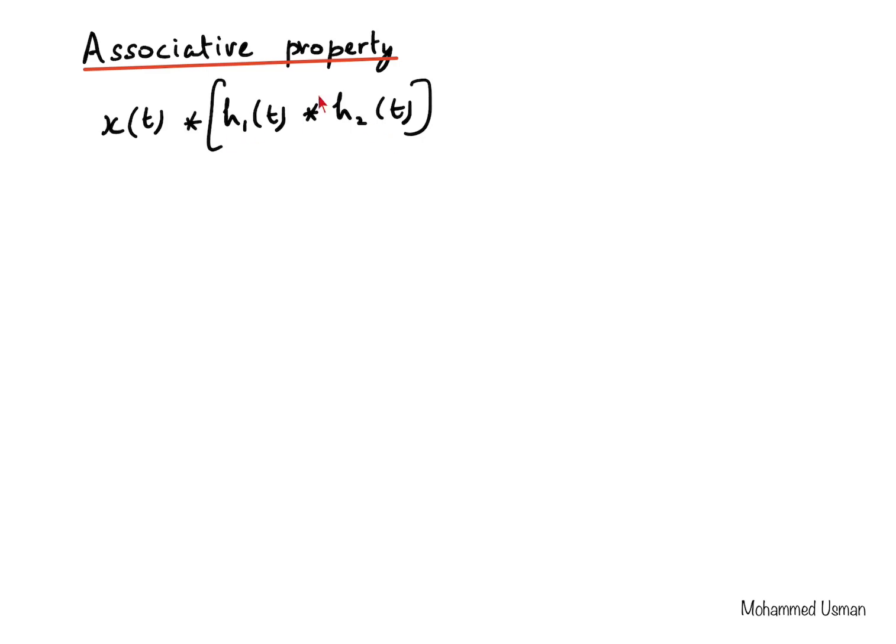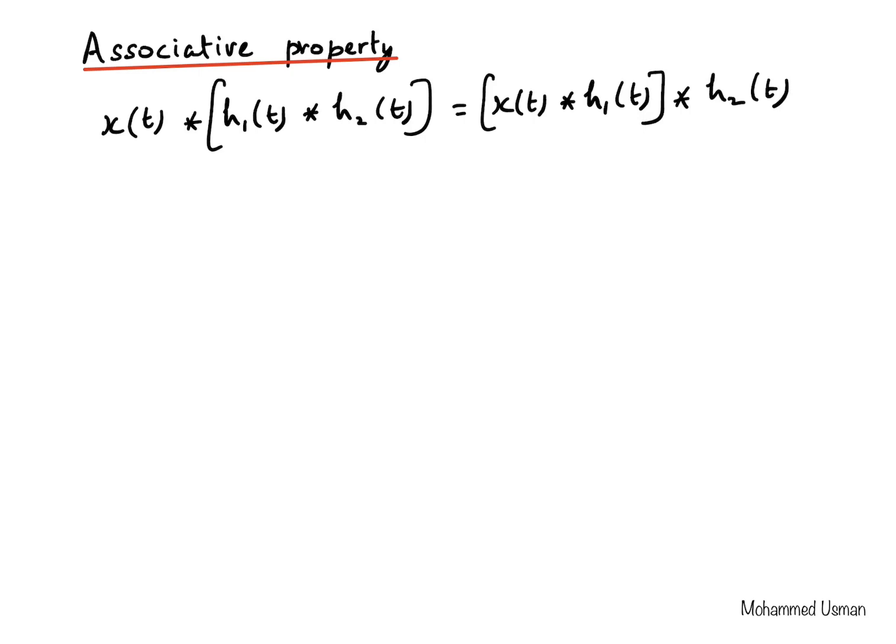So that means we are first convolving h1 and h2, and then convolving x of t with that result, and that is the same as x of t convolved with h1 of t first, and then that result being convolved with h2 of t. So when we have these multiple convolutions, the order in which the convolution is performed does not affect the result. So we can perform this first and then the second one, or we can perform the last two first and then convolve it with the first one. So the result will not change in that case.